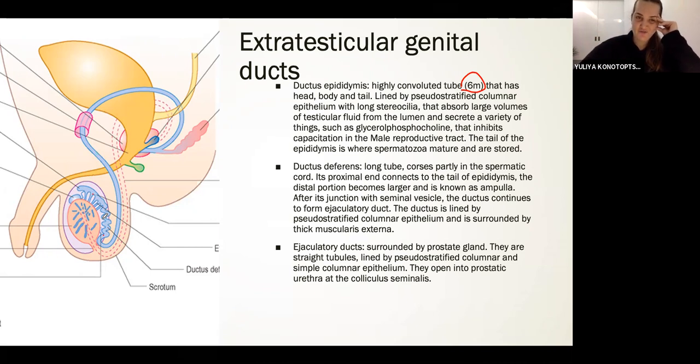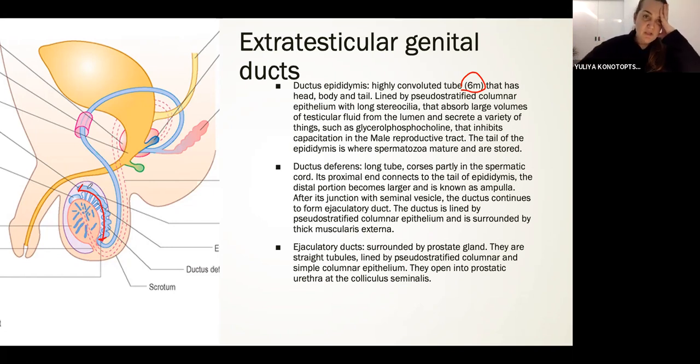Dramatic effect achieved. Here it's super, super important. You can see that it's super convoluted. This little tiny thing is actually about 7 centimeters in length, but it's so convoluted that if you actually stretch it out, it's 6 meters. That's insane. Those are the pathways spermatozoa are passing through.